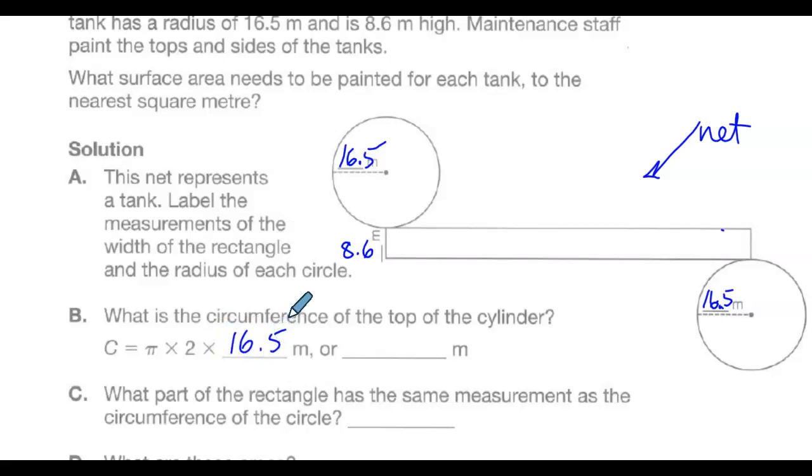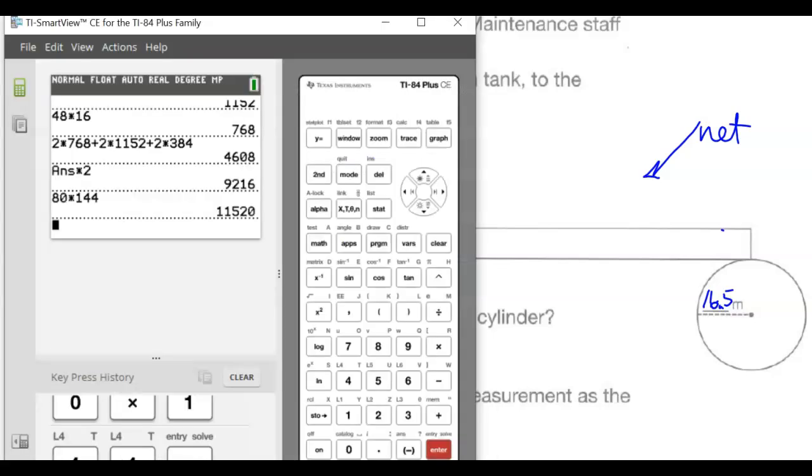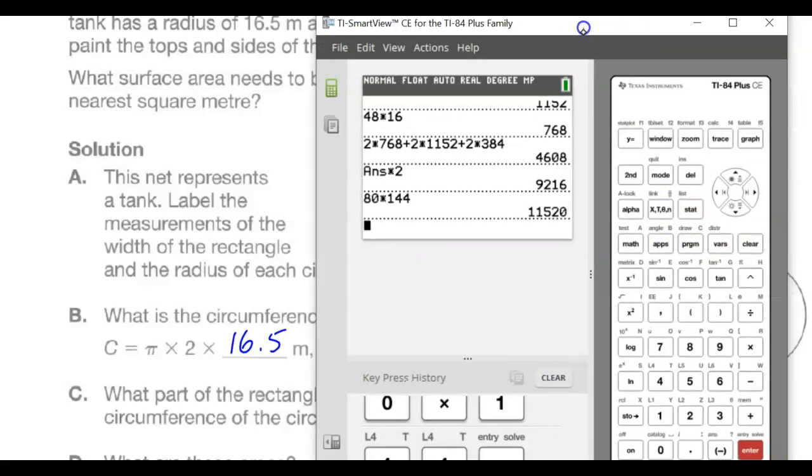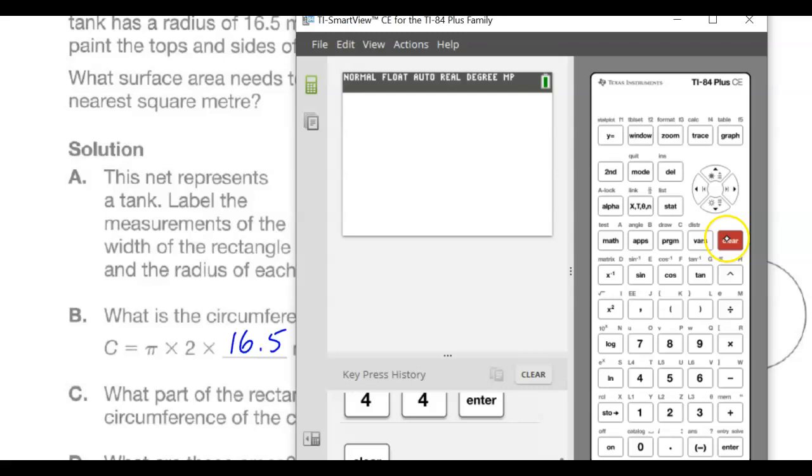Okay, now let's get our calculator out. We'll probably get the decimal form here because we're going to use it. So if we use the order that they have, we'll have pi times 2 times 16.5. But let's keep some decimal places because we're not done.